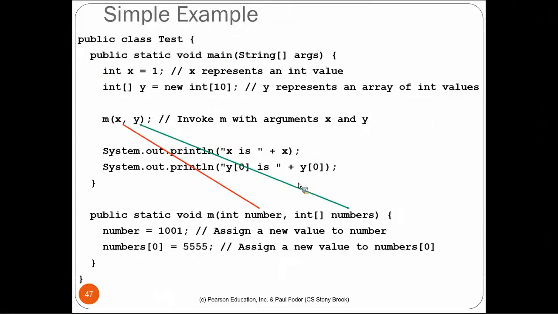In this experiment, we create two variables. One stores a primitive type variable, 1, and one stores the reference to an array of integers that is represented on the heap.